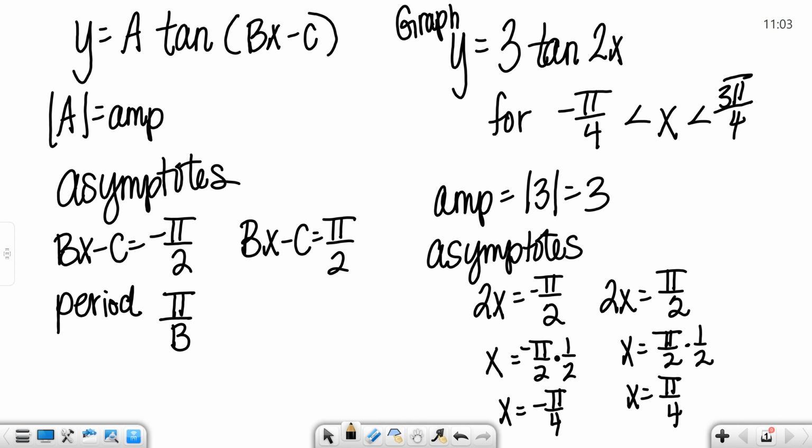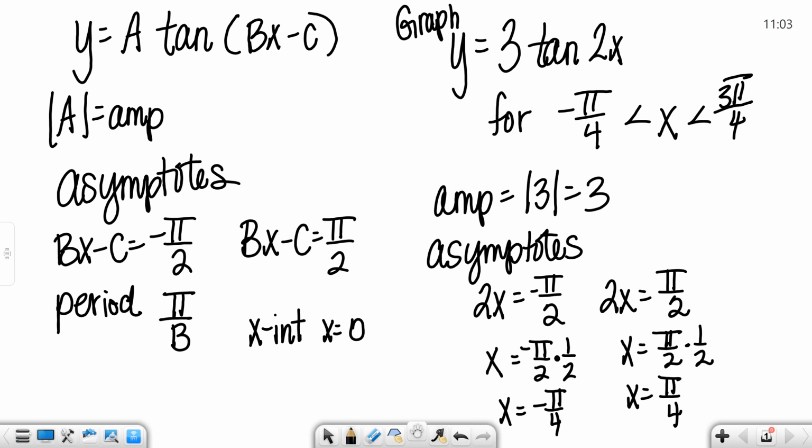All right? There we go. And so now we know that there is an x-intercept between those. Okay, so I'm going to write that down. My x-intercept is going to happen at x equals 0, because that is what's between negative pi over 4 and pi over 4. That's the middle of those two.